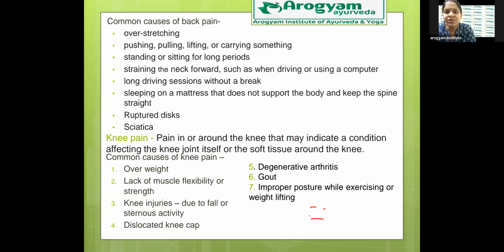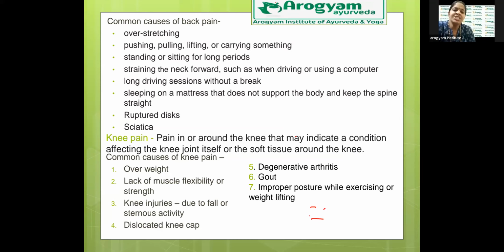Then dislocation of kneecap, which is very common. Again, kneecap is patella. You can see what is patella, P-A-T-E-L-L-A. So it is a small bone that is present above the knee joint, covering the knee joint like a cap. Then degenerative arthritis. What is this degenerative arthritis?